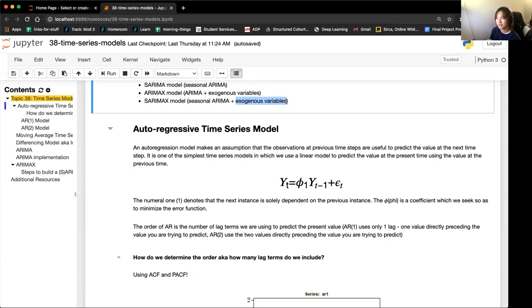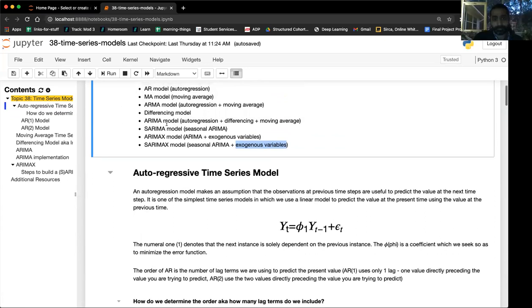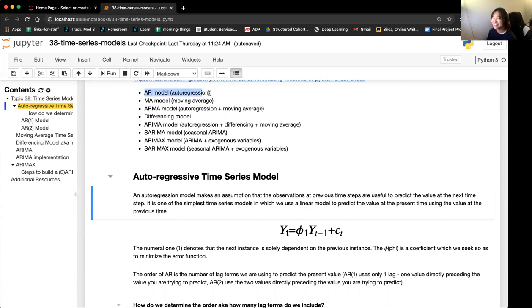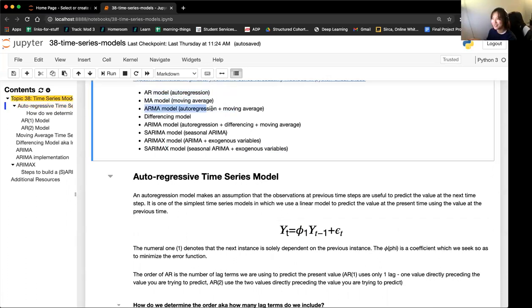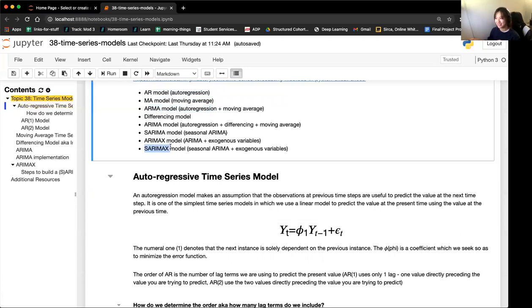I mentioned how all of these letters were modular and kind of additive. Basically, each of these is a different model, and we're not going to talk about every single one, but each of the letters represents one part of a model.